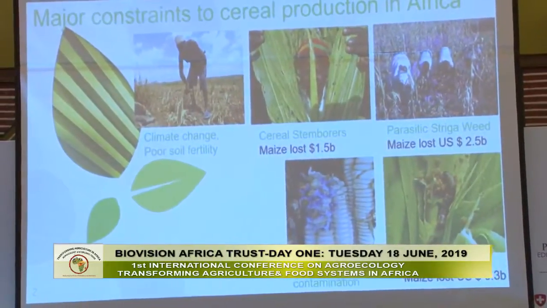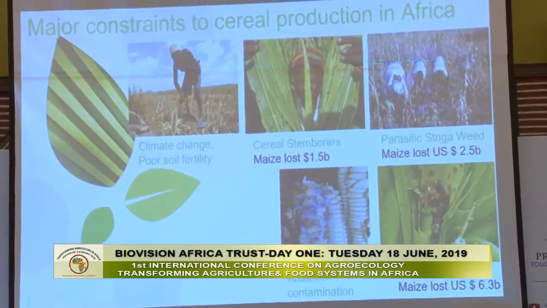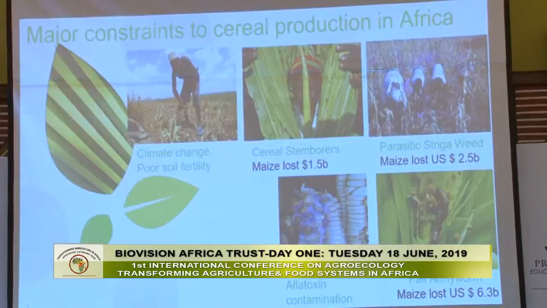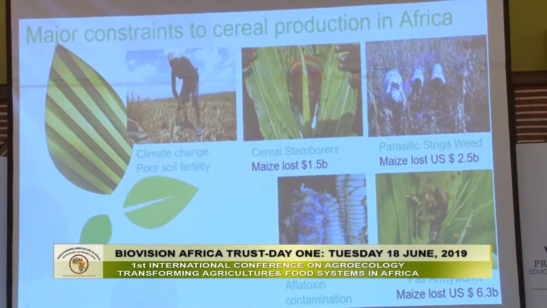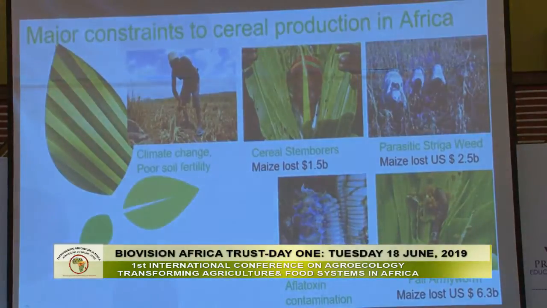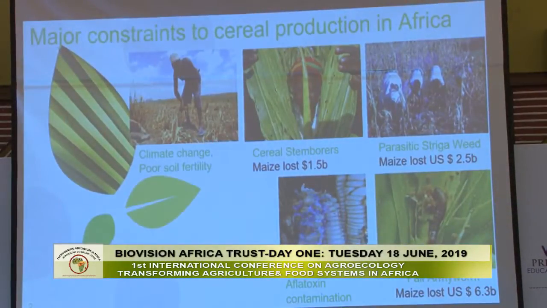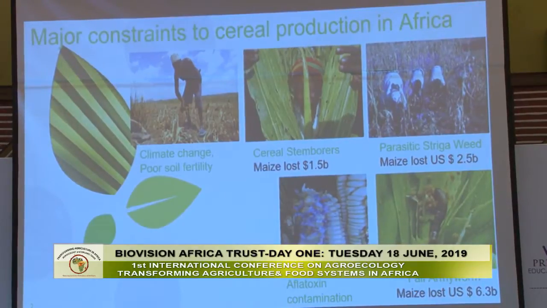They face stem borers, which are very major, the parasitic striga weed, and recently the fall armyworm has invaded Africa from the Americas. We have food safety issues, that is aflatoxin, which farmers get in their food.